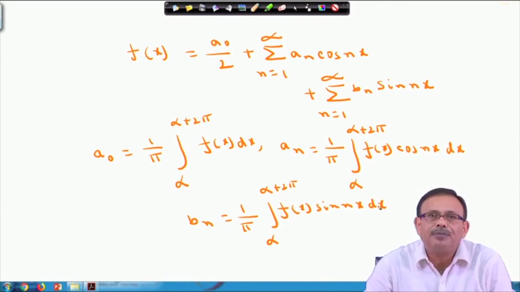So, please note that a function f(x) can be represented in terms of sine and cosine series in the form of f(x) equals a0 by 2 plus summation n equals 1 to infinity a_n cos nx plus summation n equals 1 to infinity b_n sin nx, where a0 is 1 by pi integral alpha to alpha plus 2 pi f(x) dx, a_n equals 1 by pi integral alpha to alpha plus 2 pi f(x) cos nx dx, and b_n equals 1 by pi integral alpha to alpha plus 2 pi f(x) sin nx dx.